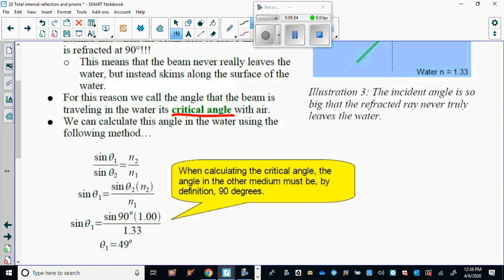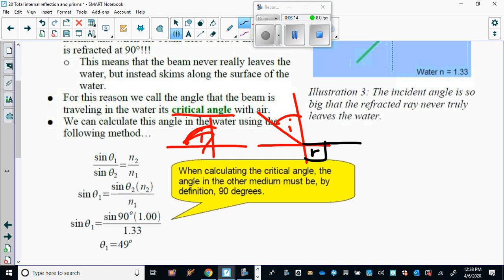The critical angle, as I've said, is the angle of incidence that will yield an angle of refraction of 90 degrees. So in other words, what's this angle of incidence that will make this angle 90 degrees?